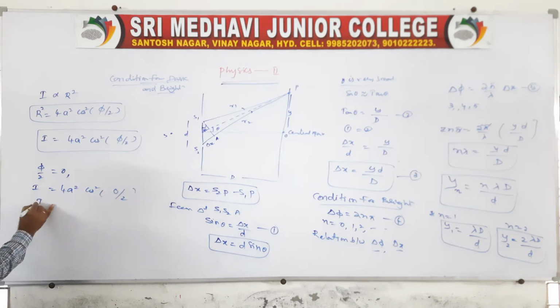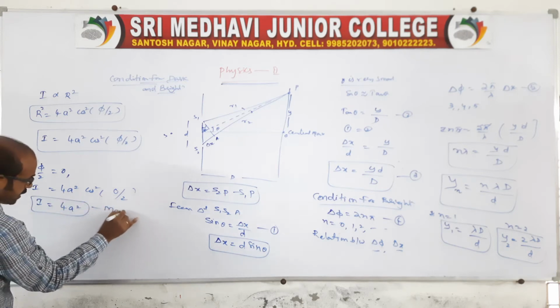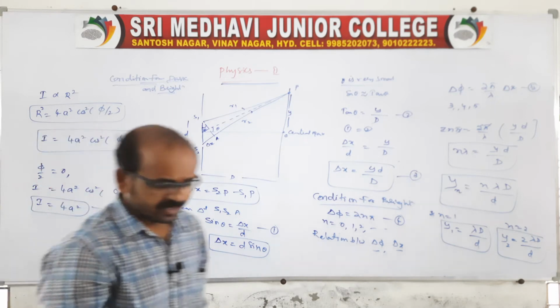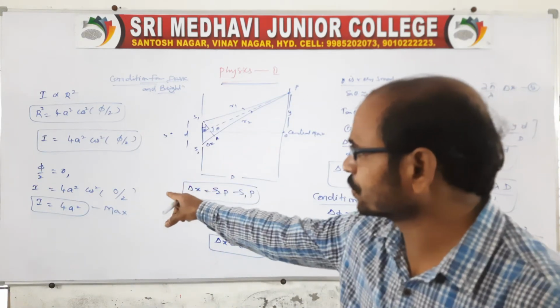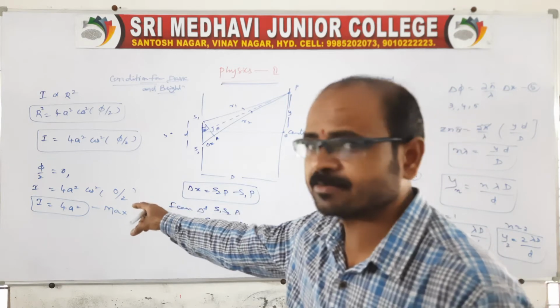Cos 0 is 1, so we get the maximum intensity. We can call it maximum because it is not equal to 0. If it is equal to 0, then you say it is a minimum. But here it is only a condition for maximum.